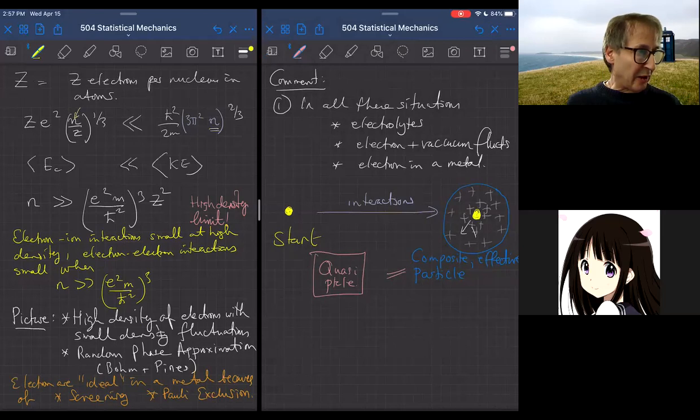Okay, so that's all I want to say about small deviations from ideal gas behavior, from either diagrammatic perturbation theory or systems with long-range forces. Are there any questions on that before we go on to the next topic, which is phase transitions?